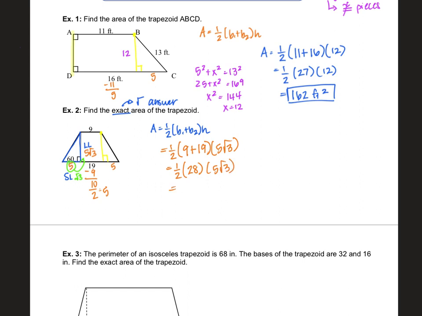I'm going to go ahead and take half of 28, which gives me 14. Still have that 5 square root of 3. We've talked a lot about how values that are outside the radical can be multiplied together. So 14 times 5 is going to give us 70 with a square root of 3 left over. And they didn't give us labels here, so I can just put units squared.